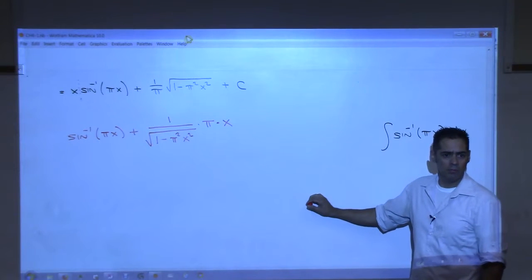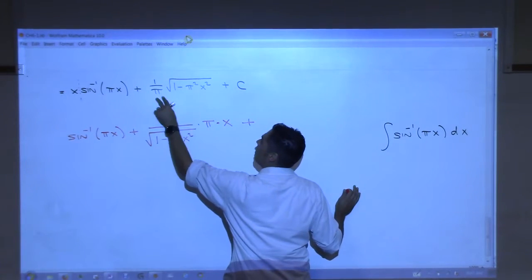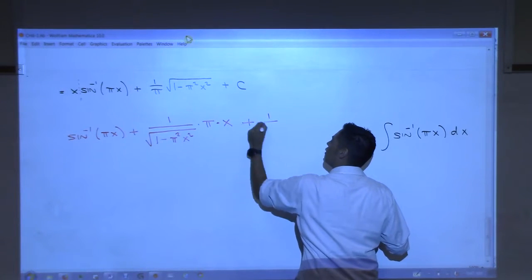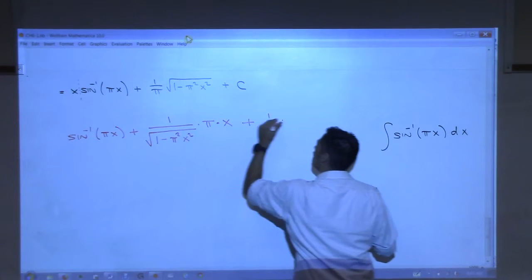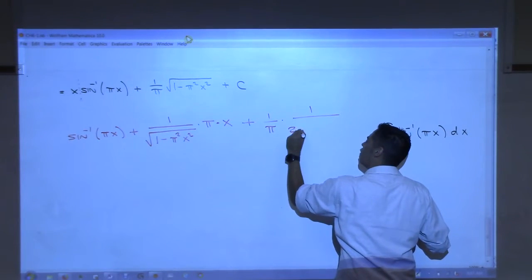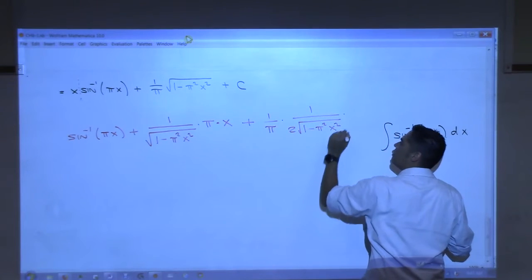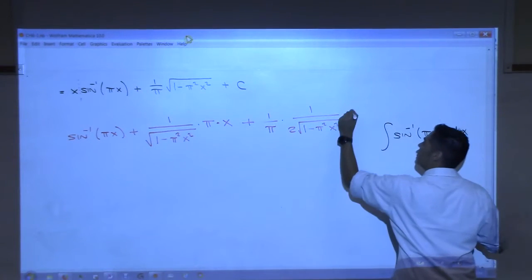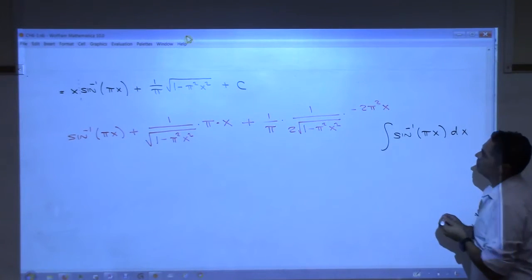That's your product rule. Okay, plus now the derivative of this. Now 1 over pi is a constant, so it's just coming along for the ride. Now what's the derivative of the square root of something? 1 over 2 roots of that something times the derivative of what's inside of it, which is negative 2 pi squared x, right? And I'm done.